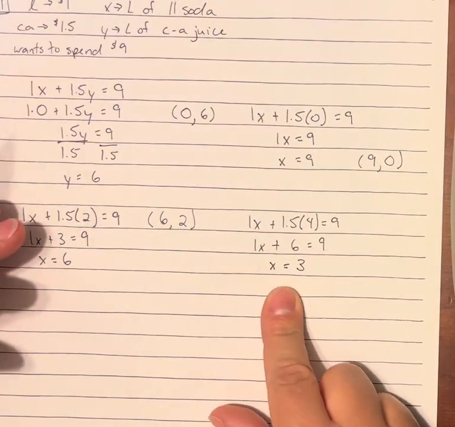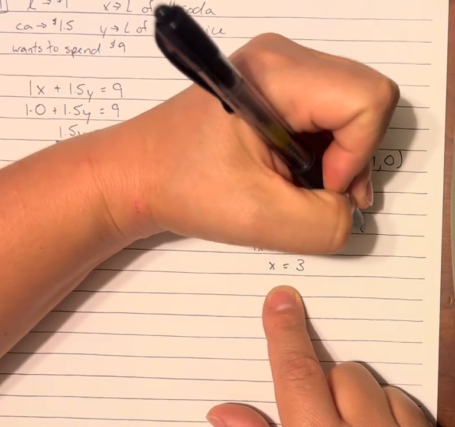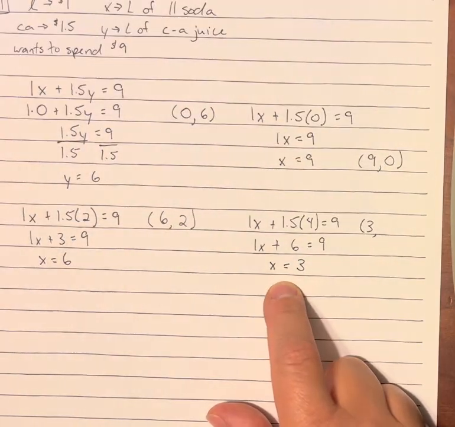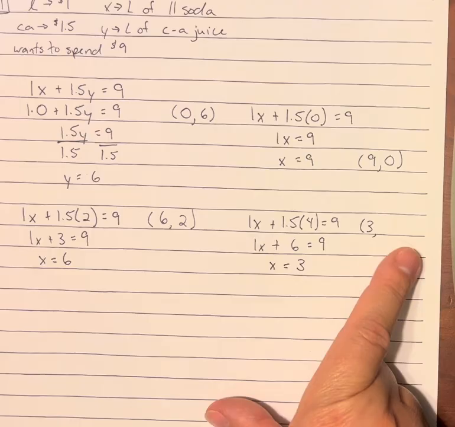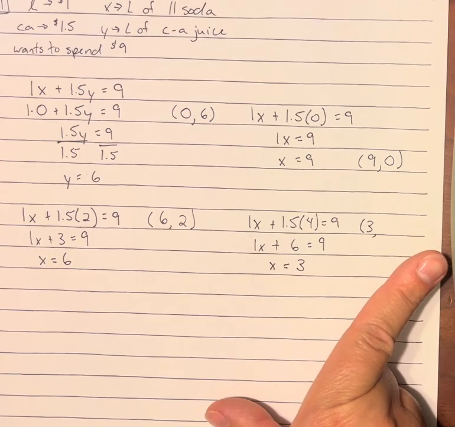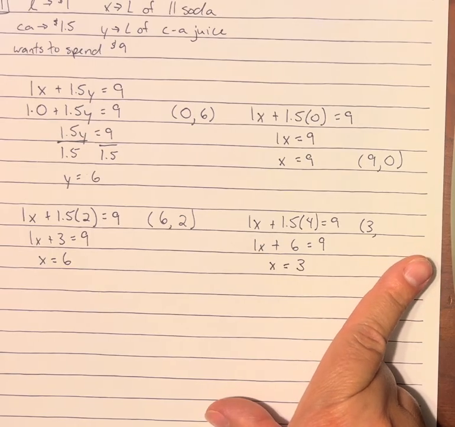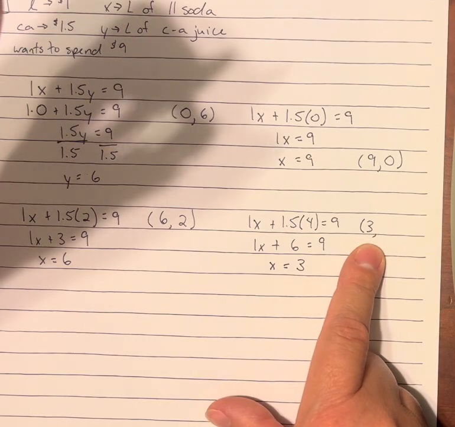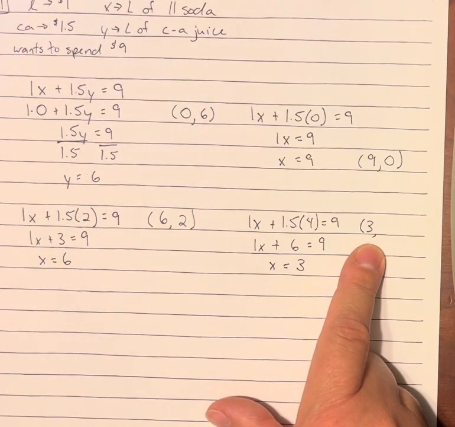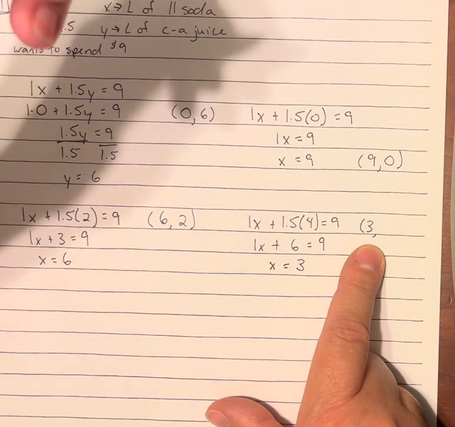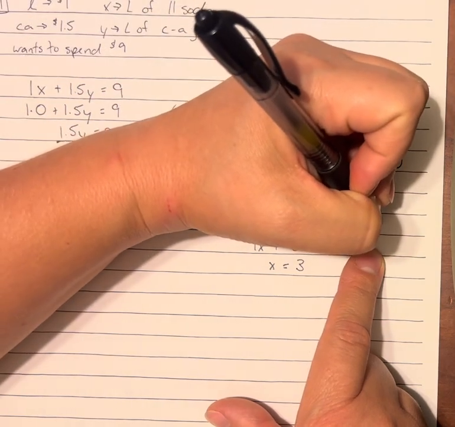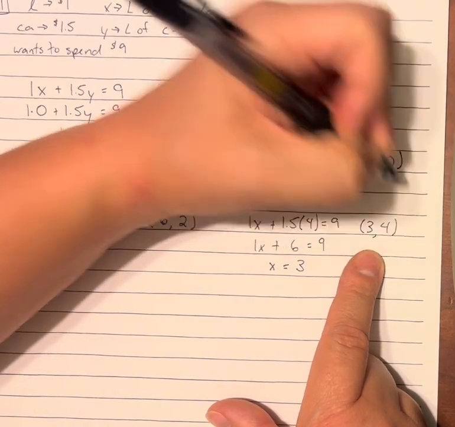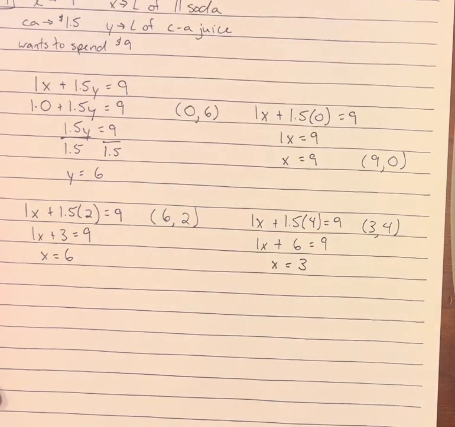So again, that ordered pair would mean we bought 3 of the lemon lime sodas and 4 of the cranberry apple sodas or juice.